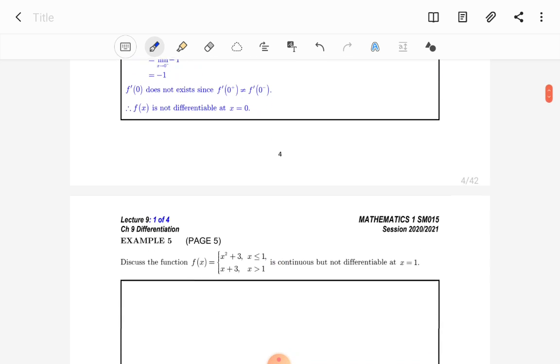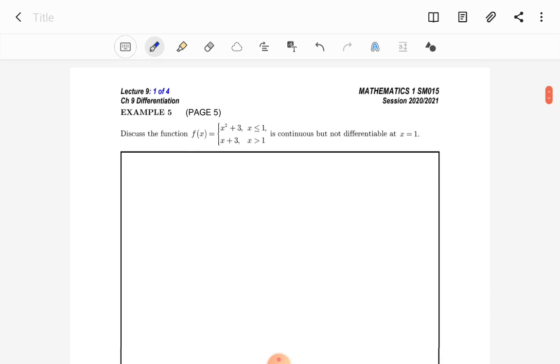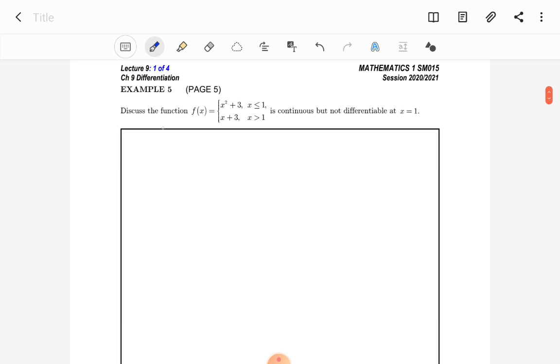Now, we go to example number 5 on page 5. Discuss whether the function is continuous but not differentiable at x equals a. For continuity, you need to remember the three conditions. First, f(a) exists. Second, the limit as x approaches a exists.